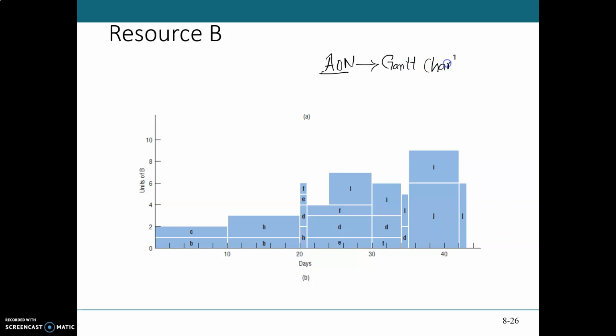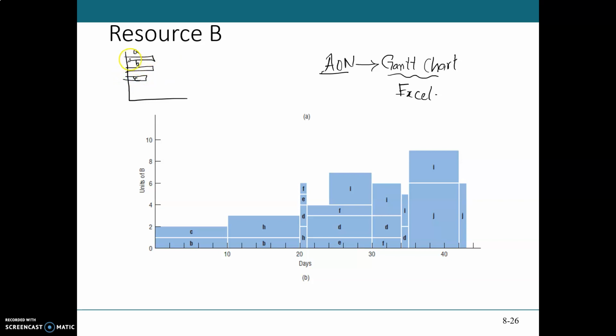For a simple problem like this, you can even draw the Gantt chart on Excel. On this Gantt chart you will represent the bar for each activity, for example activity A, B, C, like this.